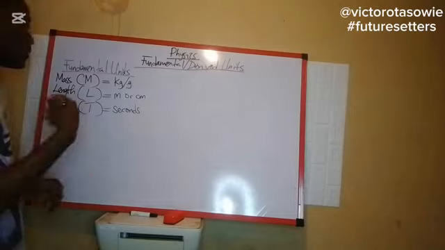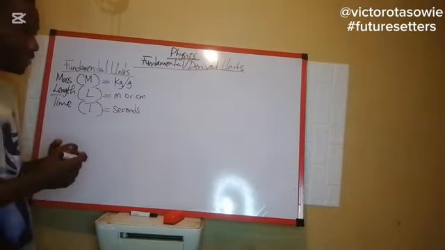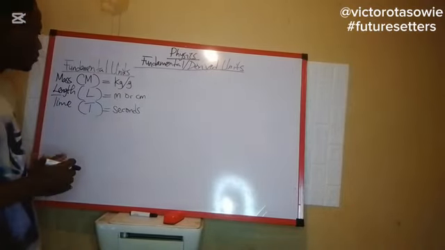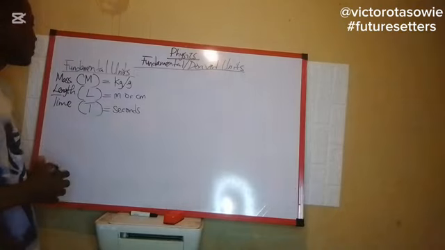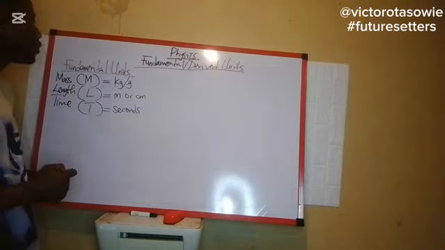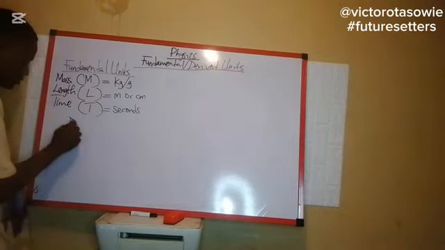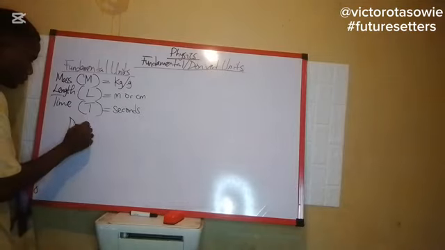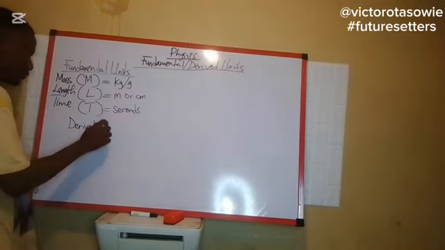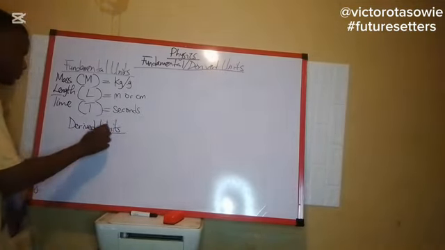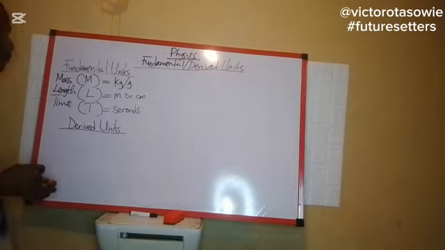So we have the fundamental unit and we have the derived unit. Now, derived unit. Let's say, for example, we are looking at velocity.